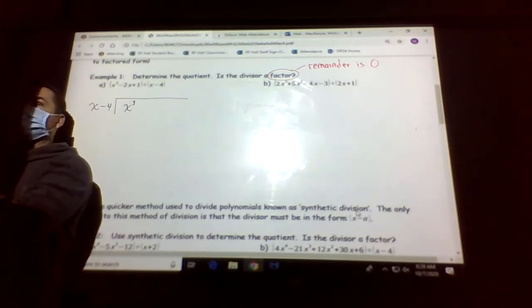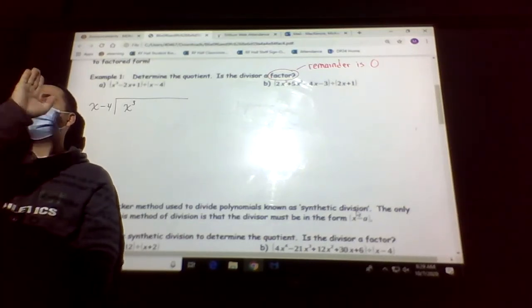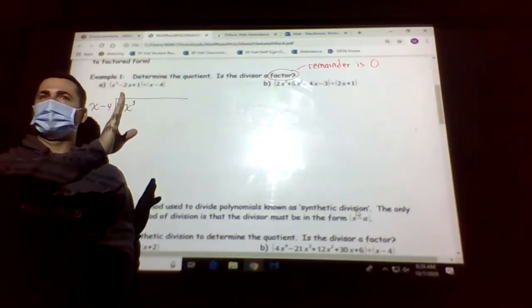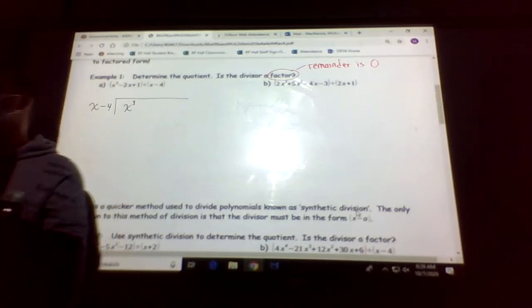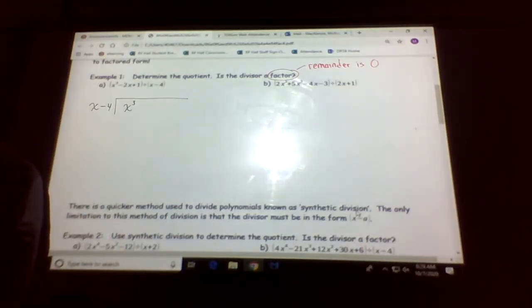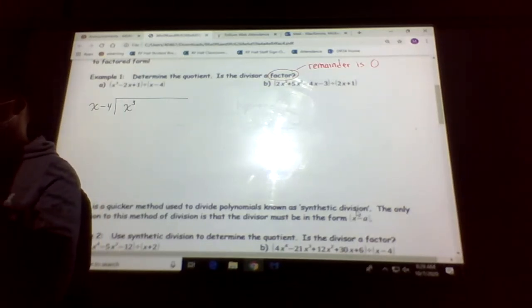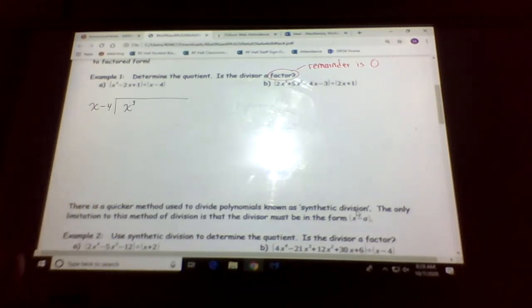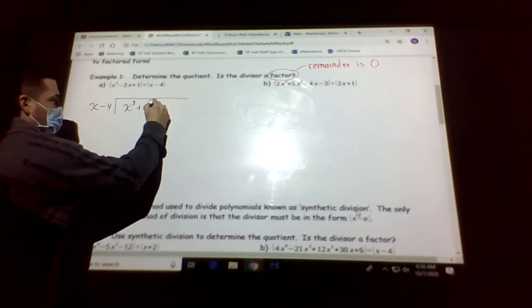So I have x to the power of 3. Then I have to have an x to the power of 2, an x to the power of 1, and then a number. So I have to have all of them. Which one am I missing here? I'm missing the x squared, so the power of 2. So we're going to insert the x to the power of 2. The way we do it is we add a 0x squared.